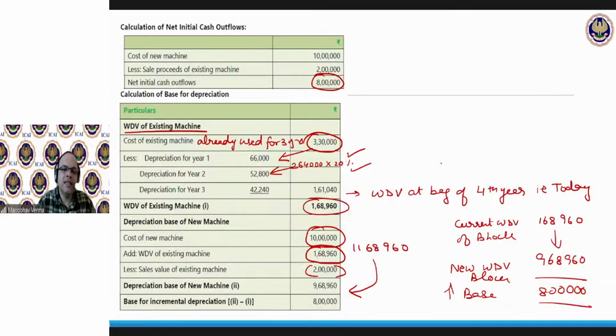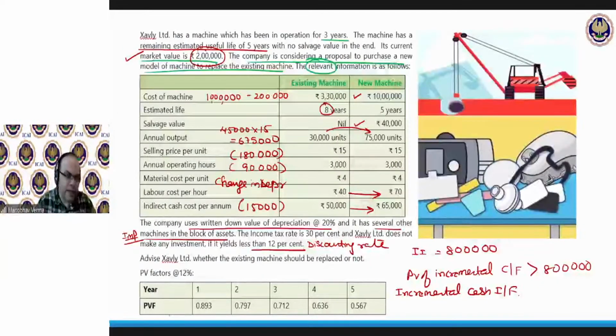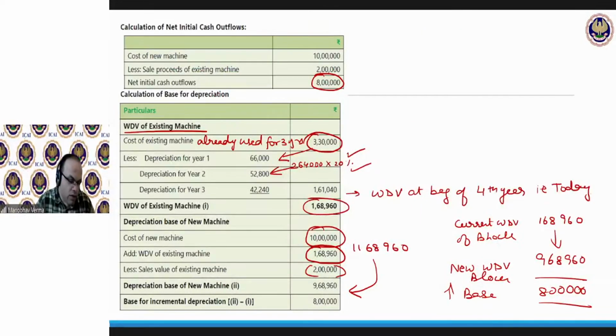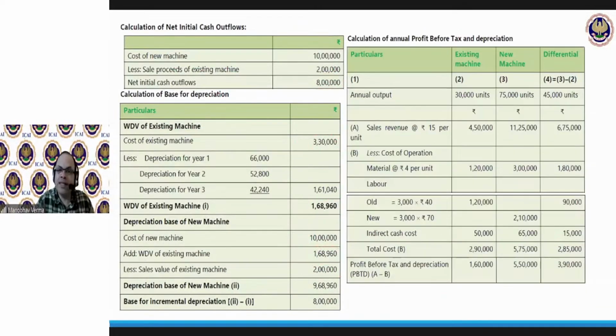So that means we are ready with some of the factors already. We know what my incremental revenue is. We know what my incremental cost is in terms of material, labor, and indirect costs. And we know what will be the base for the depreciation. So now is the time to compile everything, guys. We can compile everything here on the right hand side. We had additional sales revenue of 675. That's what we discussed.